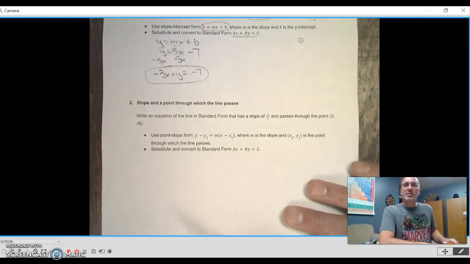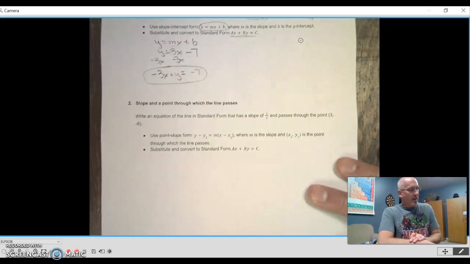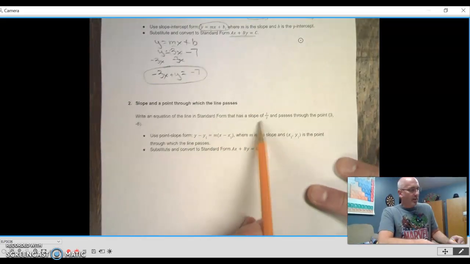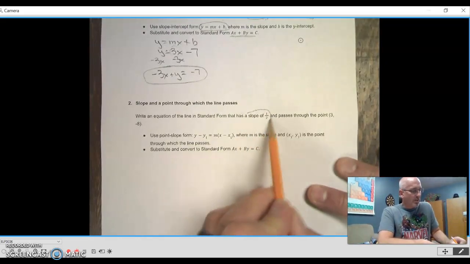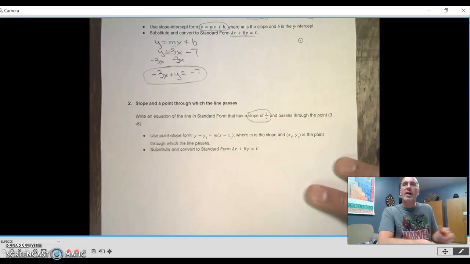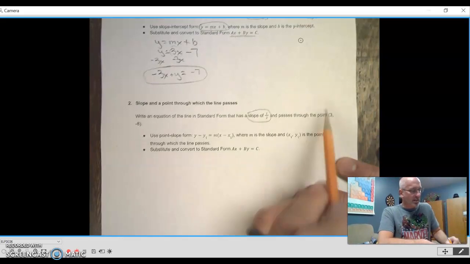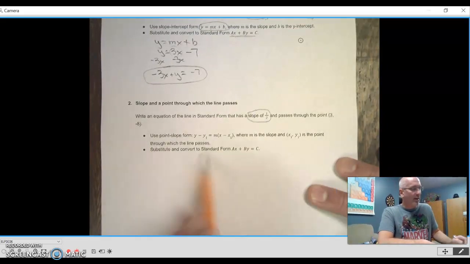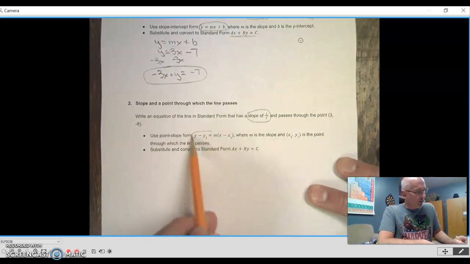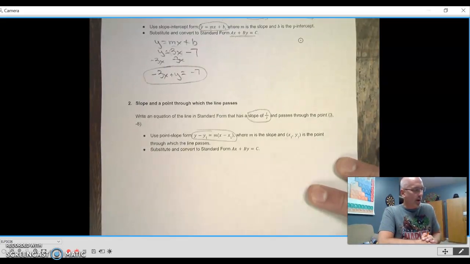The next type that we will be doing is if we are given the slope, so in this case the slope of 1/2, and a point that it goes through. In this case it is (3, negative 8). So now we are going to use point-slope form, which is this form right here, y minus y1 equals m times x minus x1.